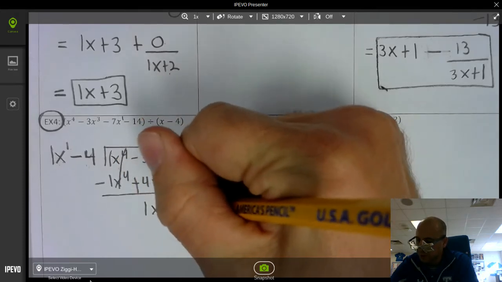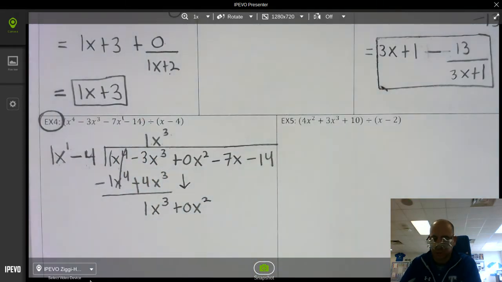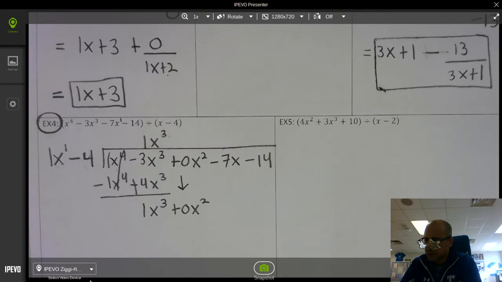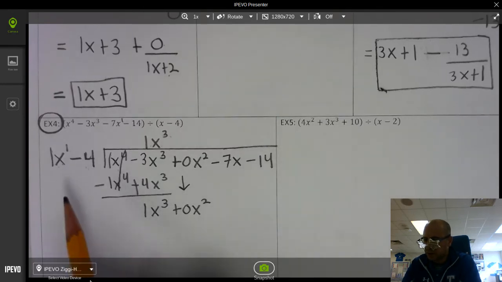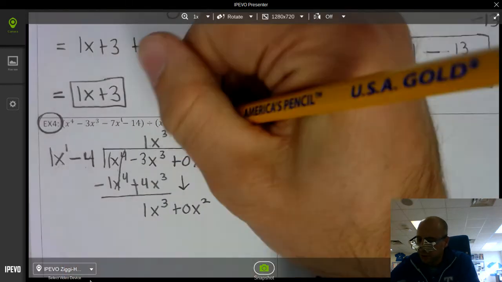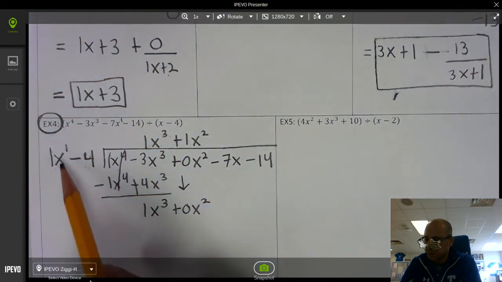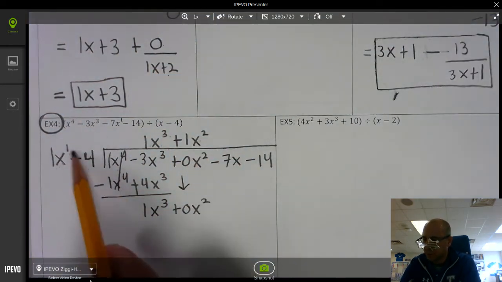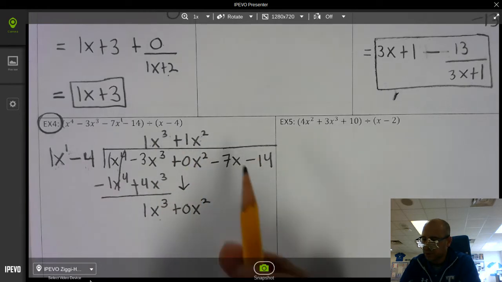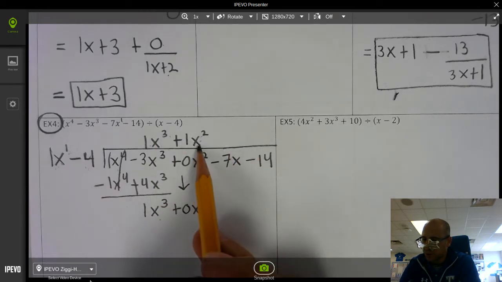So plus 0x squared. Now we're into step 5. So now you have to ask yourself, well, what do you multiply 1x by to give you 1x cubed? Well, the answer to that is 1x squared. And the reason being is when you multiply x times x squared, 1 plus 2 is 3. So you get 1x squared.